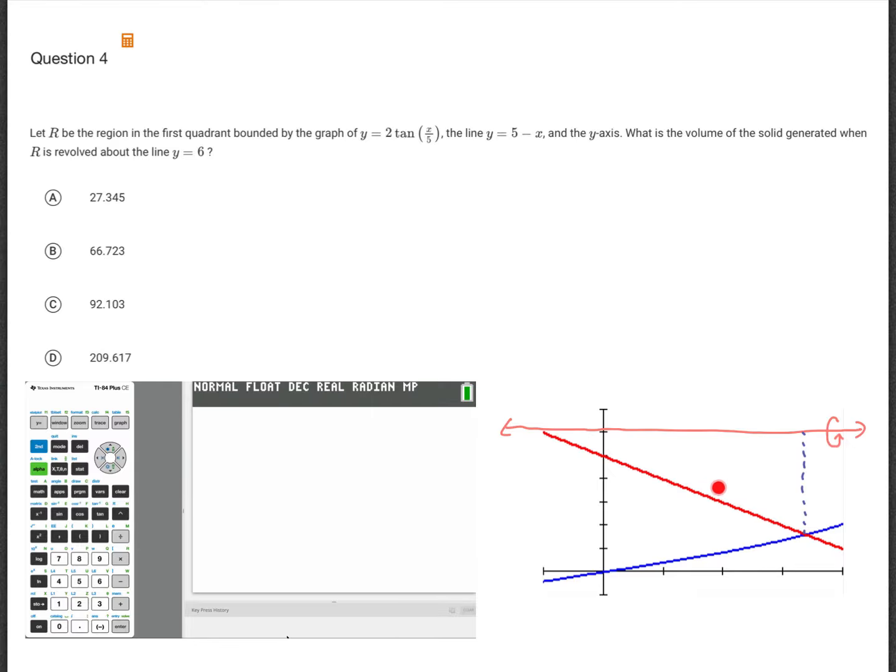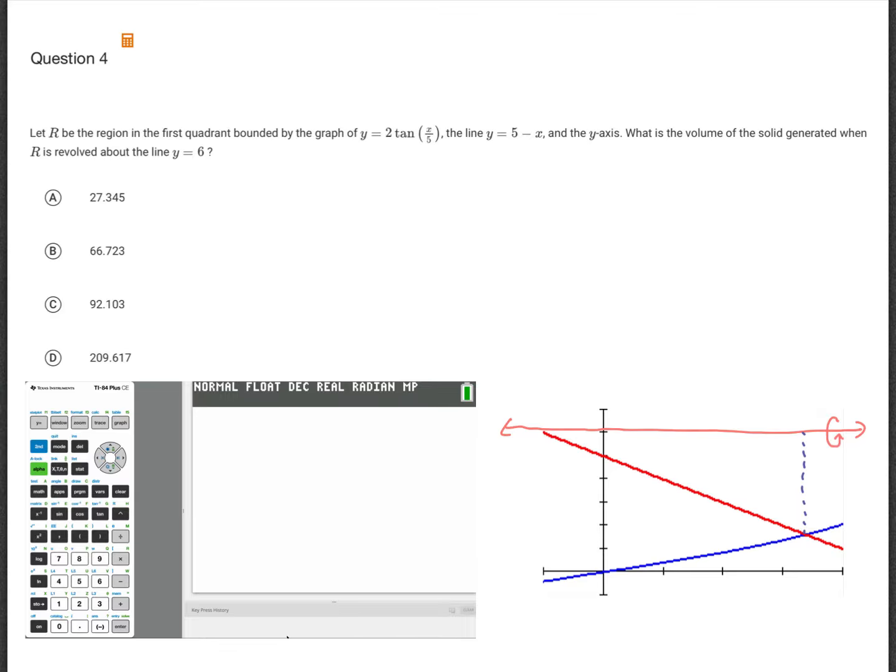And then we're going to take all this red, this area between y equals 6 and this red line, revolve that around y equals 6, and each of those will get 2 volumes, and then we'll subtract them. So yeah, subtracting this inner volume is what's going to hollow out this 3D shape.